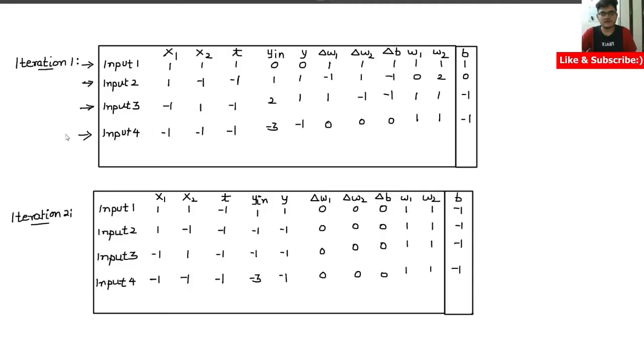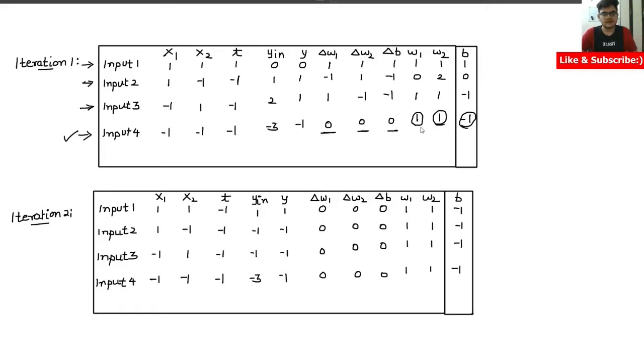Now observe input 4. You can see at input 4 there is no change in the weights and the bias, so it means that it is matching with the table. The weights we have got are 1 and 1 and the bias is minus 1.